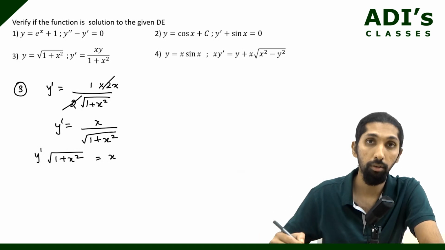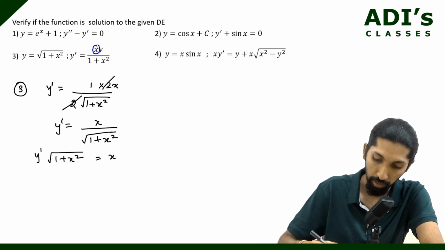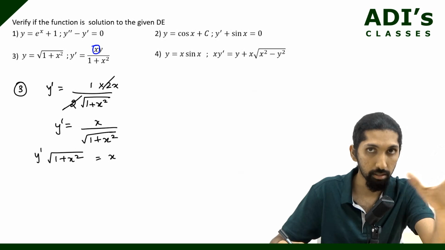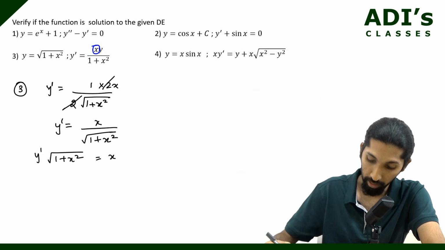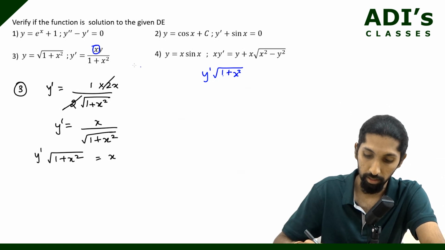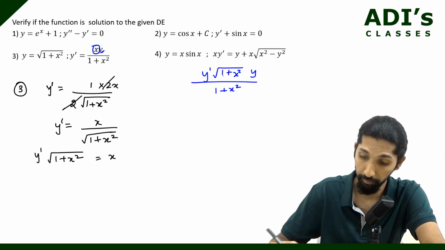Let's take this value of x, whatever we have got, and let's substitute that x value here. Okay? Now, LHS, don't touch the LHS. On the RHS, the x value is nothing but y dash into root 1 plus x square into y divided by 1 plus x square, isn't it?